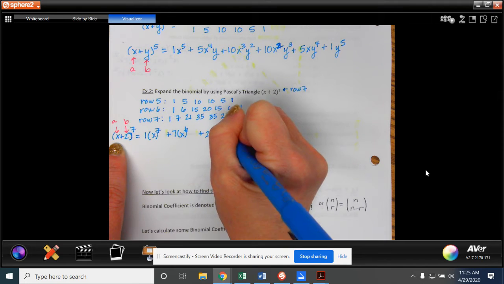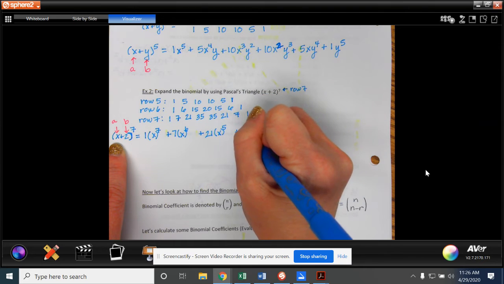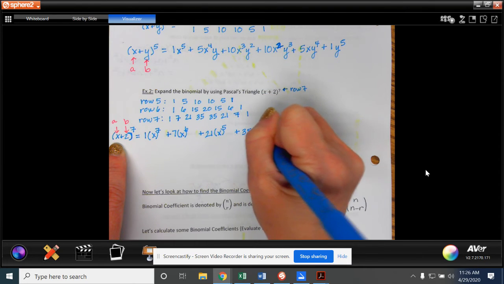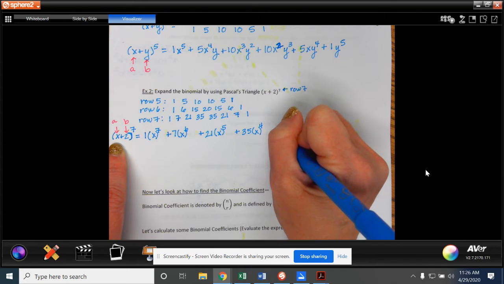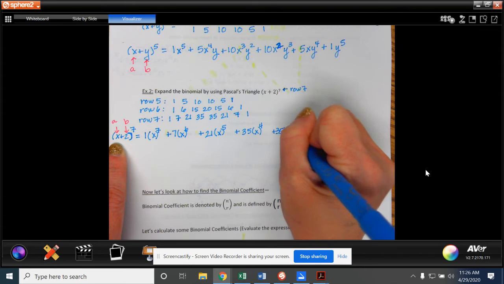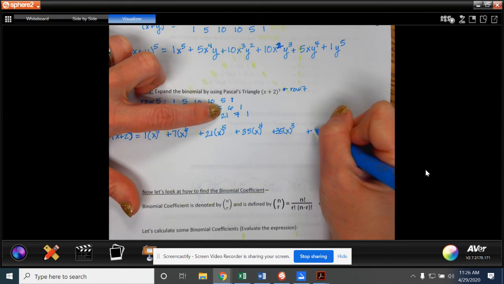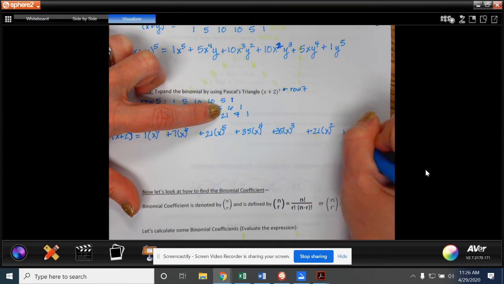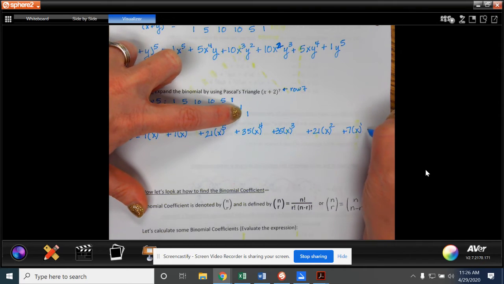to the 5th, leave some space for your B, plus 35 x going down to the 4th, leave a little space, plus 35, and we have x to the 3rd, leave some space, plus, and then I'm going to go 21, x to the 2nd, space, plus 7, x to the 1st, leave space, plus 1.